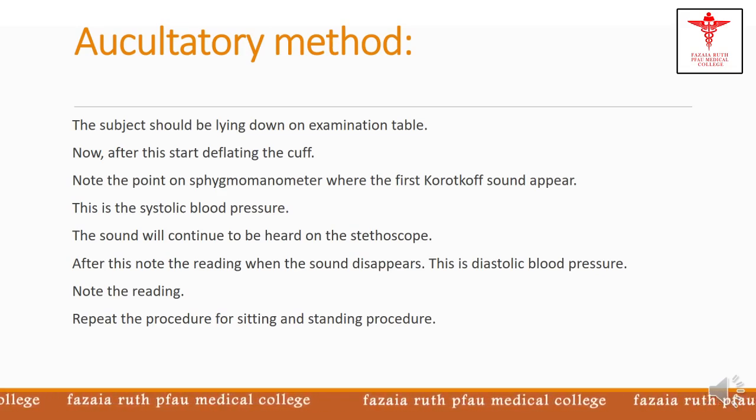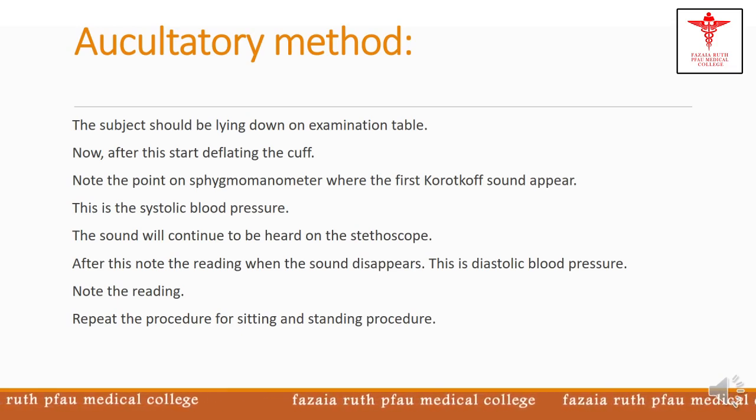Now when you have applied the cuff, you put the diaphragm of the stethoscope on the cubital fossa. You tighten the knob and then start inflating the cuff. On the aneroid gauge, you look for the reading and inflate the cuff up to the mark of 170 or 180.